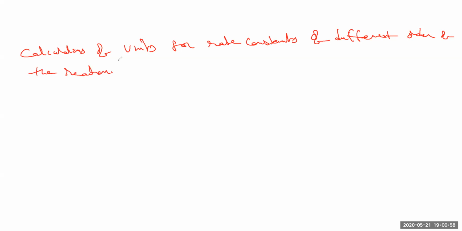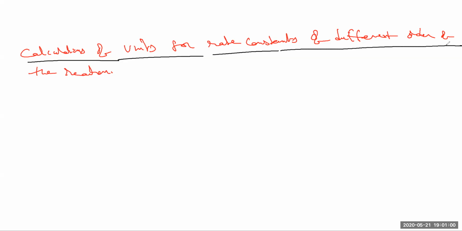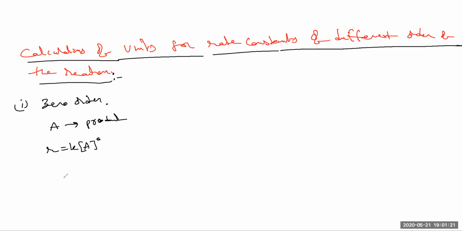See this. See, first one is zero order. So zero order means A gives rise to product. So what is that? Rate is equal to some constant K into A power 0. Concentration term is A, power 0.